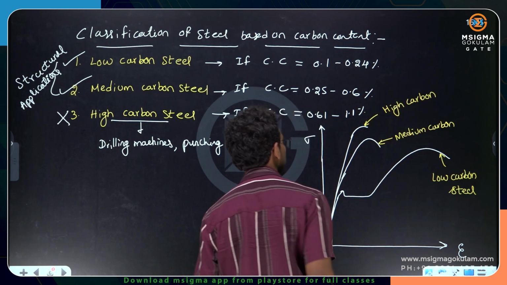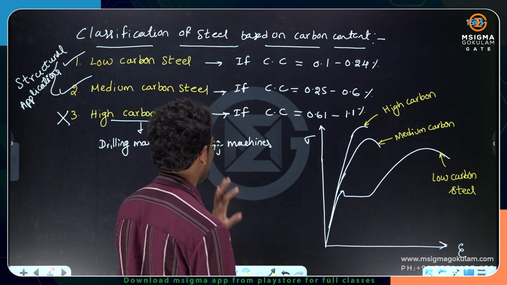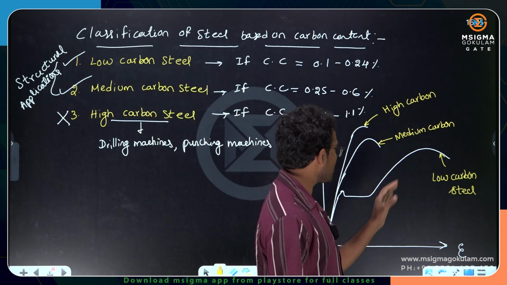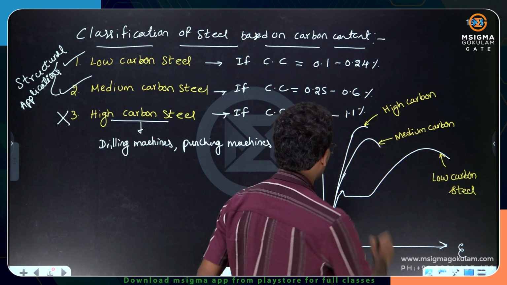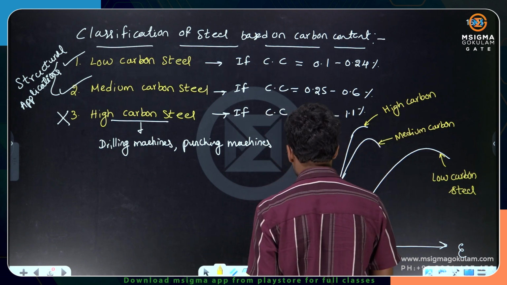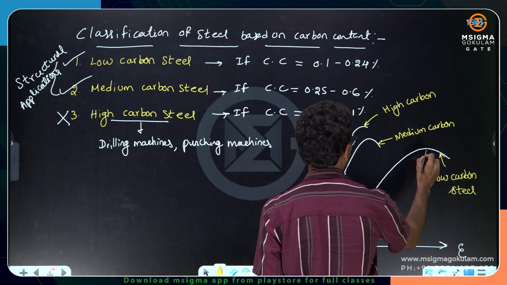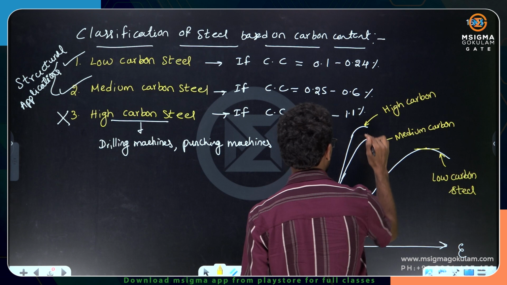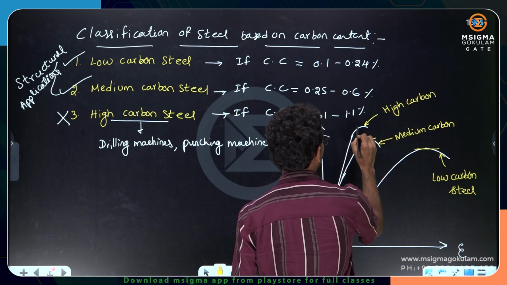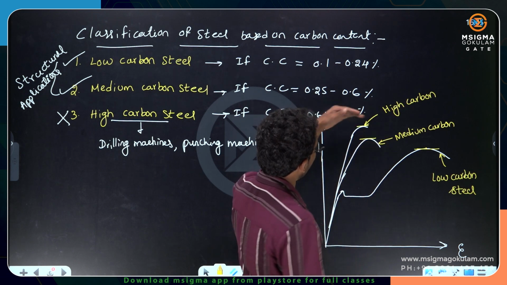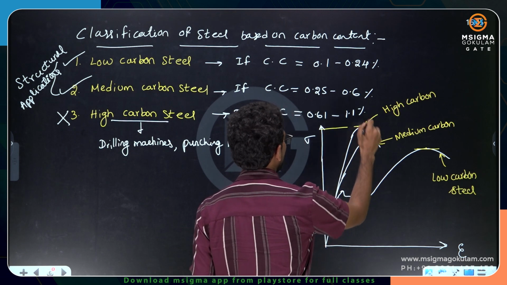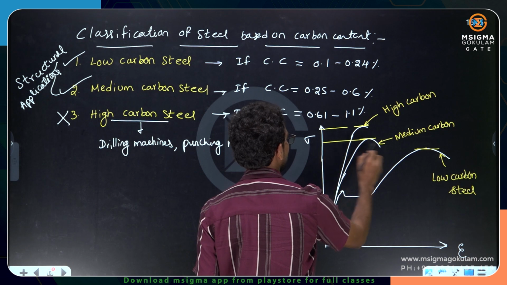These are the types of steels we have based on carbon content. Look here, low carbon steel has limited strength. When I draw horizontal lines, this is the ultimate strength for low carbon steel, so strength is less among all these. This is the ultimate strength for medium carbon steel, and this is the ultimate strength for high carbon steel. So high carbon steel has high strength, no doubt about it. And if the carbon content decreases, the ultimate strength decreases.